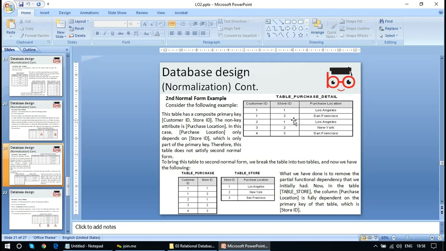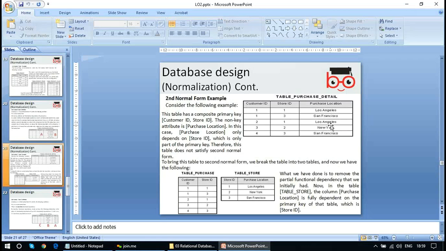However, they could possibly just store the store ID instead of repeating the store detail in every row.